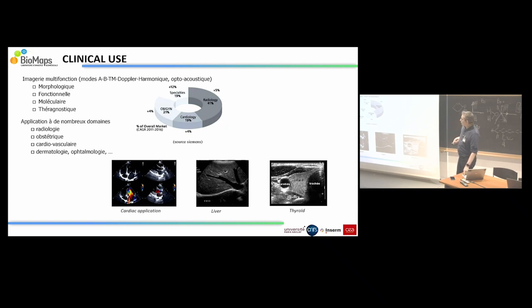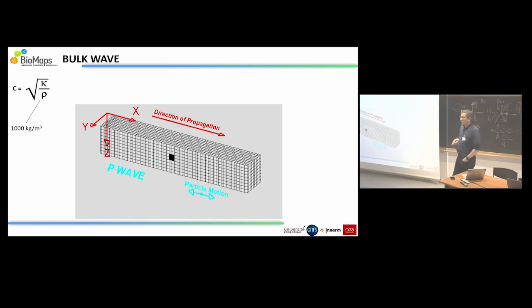Now I want to show you what an ultrasound is. An ultrasound is a bulk wave. This is a wave that propagates with a change of volume, and the axis of propagation is the axis of its polarization. Where you have this movement, where the volume is compressed and decompressed, you see the propagation of the ultrasound wave.